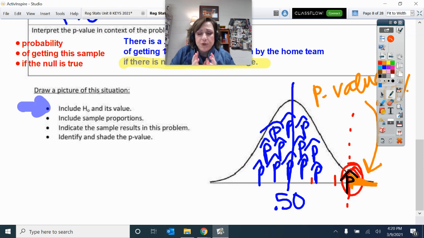I'm trying to make it where we can draw a picture of it, because it's kind of weird and strange, but we have to be able to understand this. This is why I started all my songs. This is the most important foundational concept, so that we can then understand why we make a decision to reject or fail to reject, the big decision that we make in a conclusion.